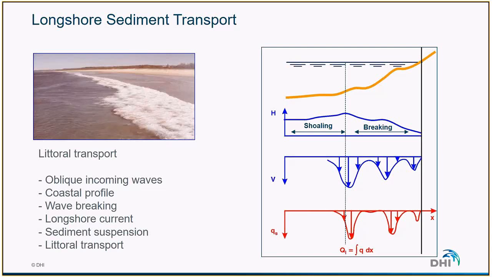Based on these wave transformations, we can calculate the wave-driven currents, and based on these wave-driven currents, we can calculate the sediment transport. This can be done for any combination of wave parameter and water level, which is very useful when we are looking at time series.